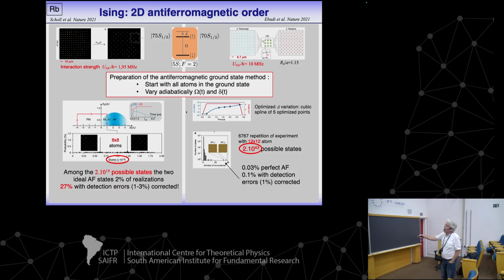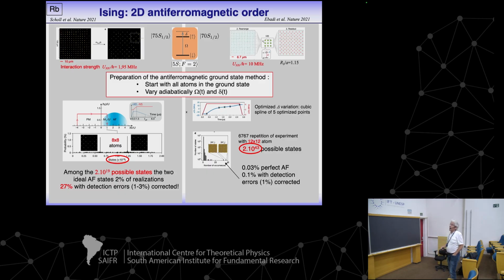And then this graph is a representation of the population of a given state. So here, these two peaks correspond to the population of the two antiferromagnetic states in the huge size of the global Hilbert space. If you have 200 spins, the number of states in the Hilbert space is already 2 to the power 200.